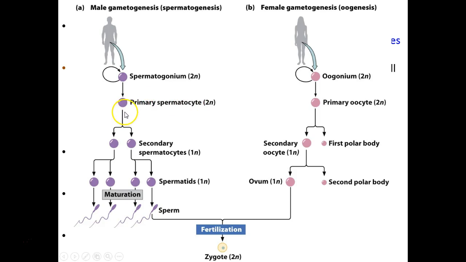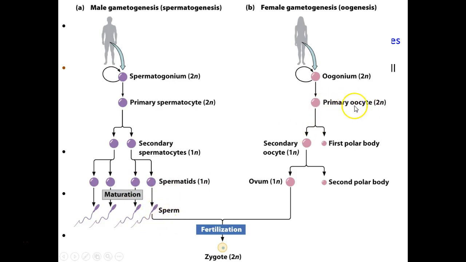A single round of meiosis gets 2 copies of every chromosome down to 1. Essentially, we go from 46 to 23, and we have our secondary spermatocytes. Those secondary spermatocytes go through meiosis 2, where the chromosome number does not change. We stay at 23 and give rise to spermatids that can then mature into fertilization-competent sperm.